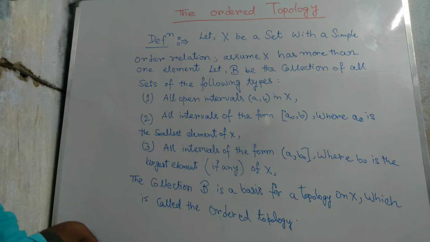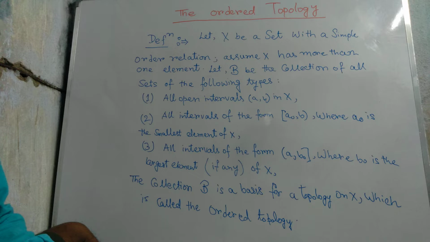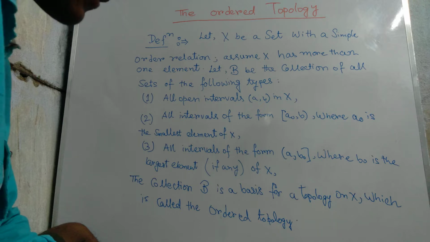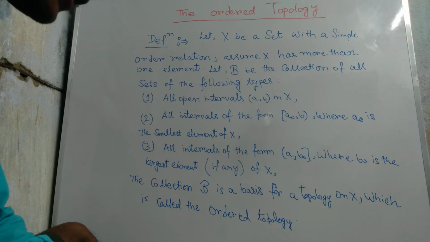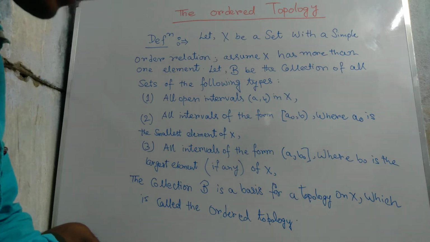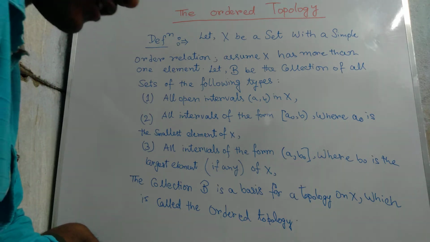In this way we define the basis, and then the topology generated by a basis. We created some examples: circular regions, rectangular regions, and others. That means the collection of all one-point sets gives the discrete topology.